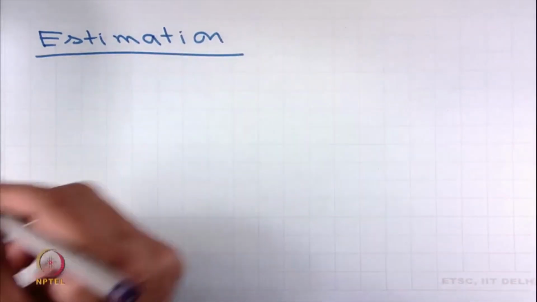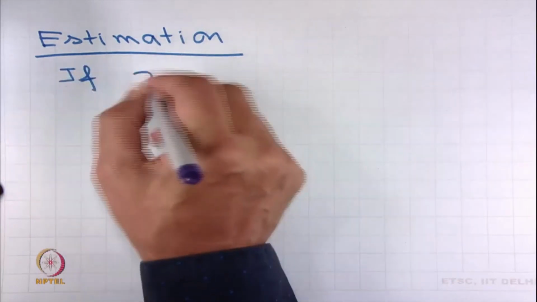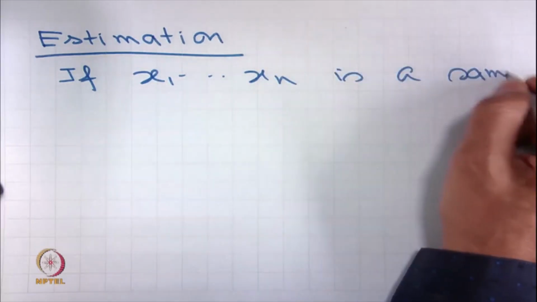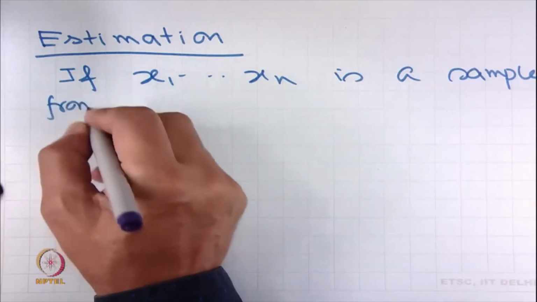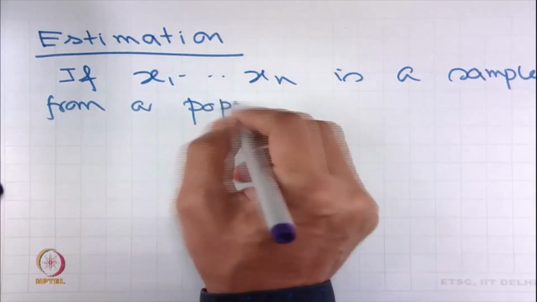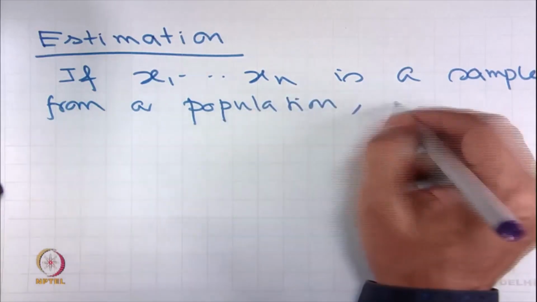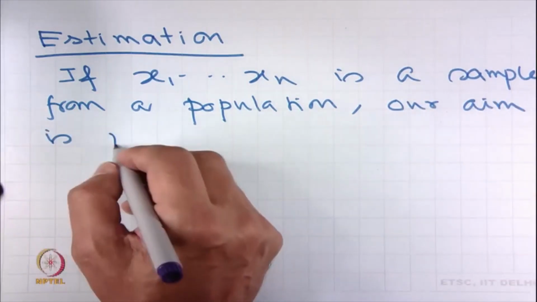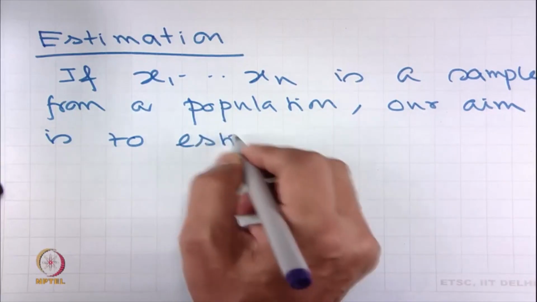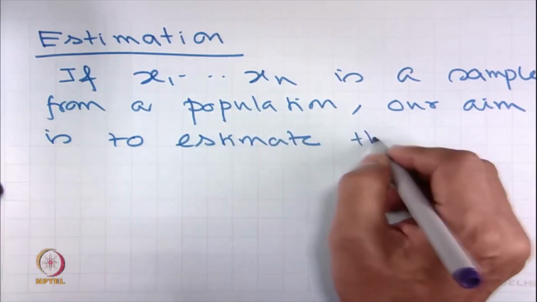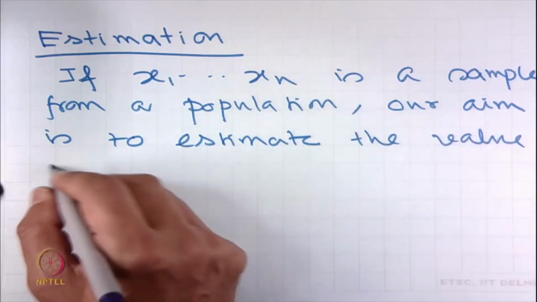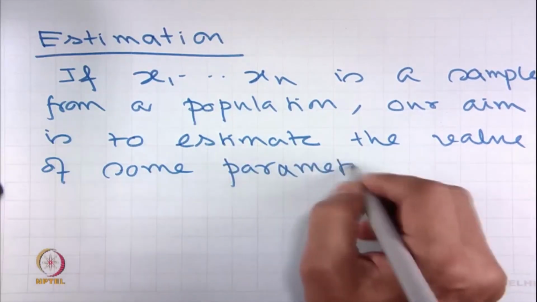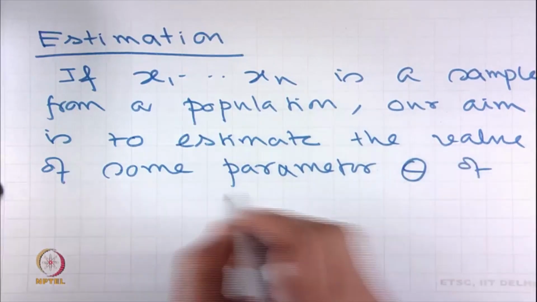So, what is an estimator? If x 1 up to x n is a sample from a population, our aim is to estimate the value of some parameter theta of the distribution.